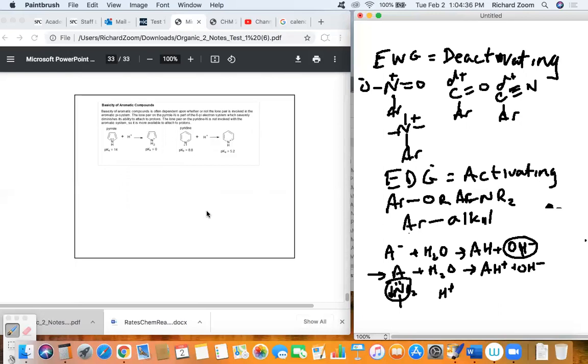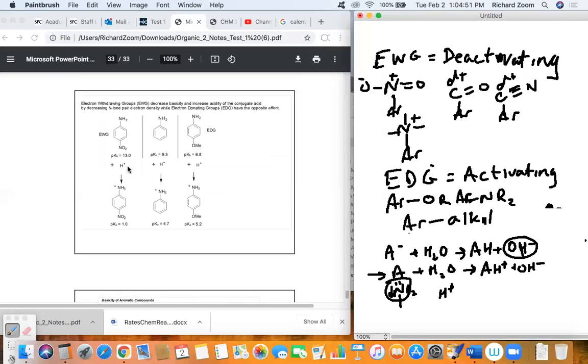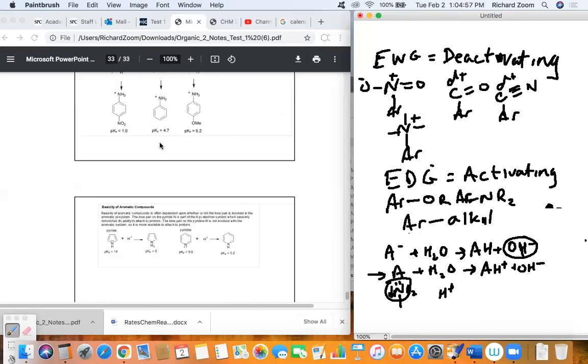So the last thing I've got here has to do with the basicity of aromatic compounds. And what we notice for aromatic compounds like this one, pKb is 14. You compare that to the pKb value we've got of anilines, for example, with the NH2.